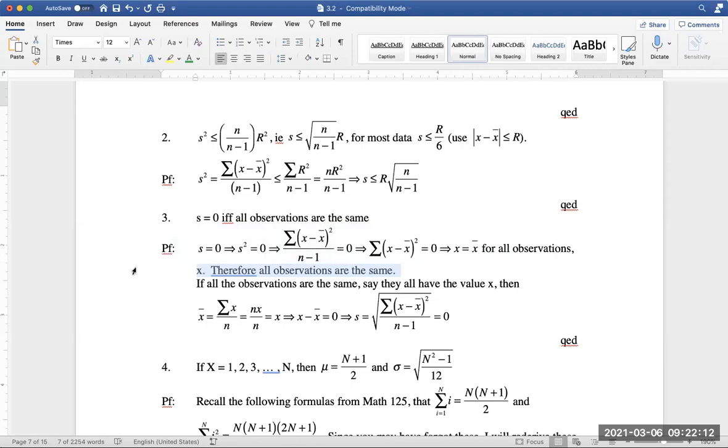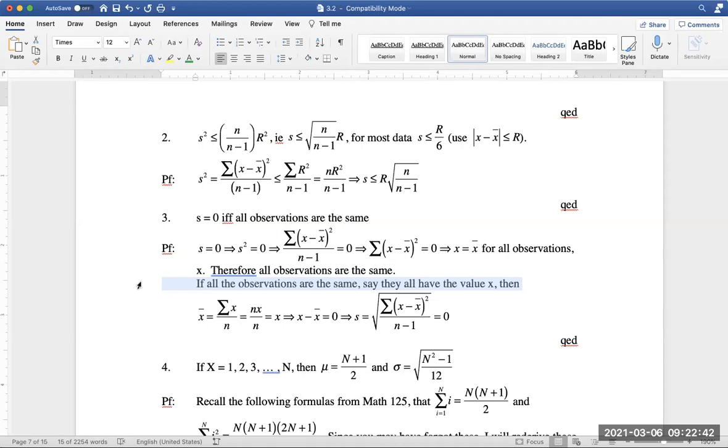So next, if all observations are the same, then I want to show that s is equal to 0. Well, if all observations are the same, suppose they're equal to something. Let's call that mutual value that they're all equal to x.